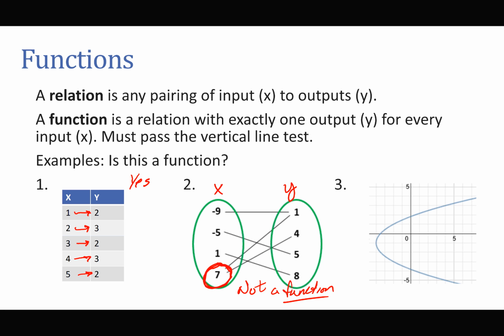And then the third one, if we're to think of this graphically, vertical line test, it's going to hit here at 2 points, can't hit here at 2 points. This fails, I'll say VLT for vertical line test. So because it fails, not a function.